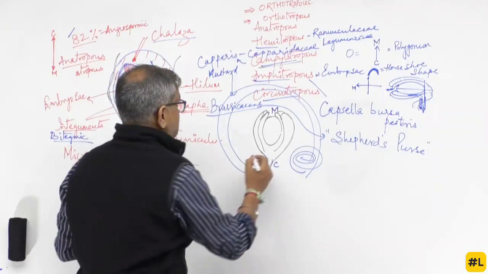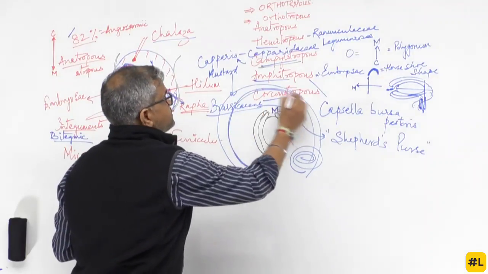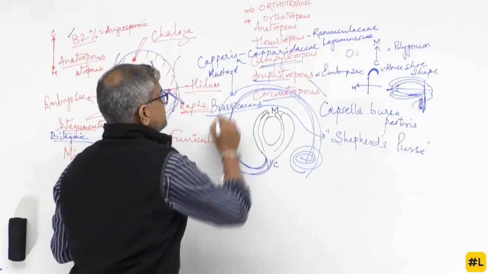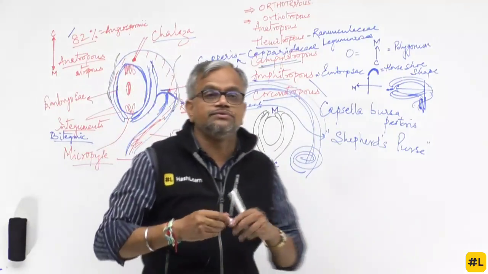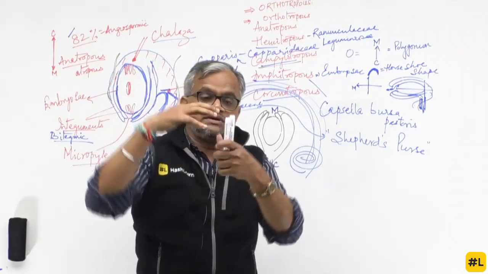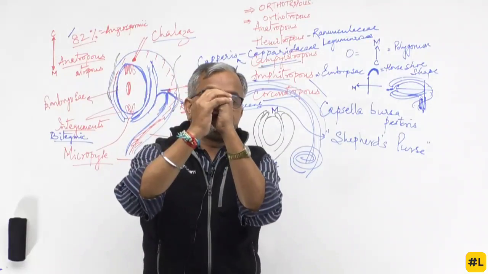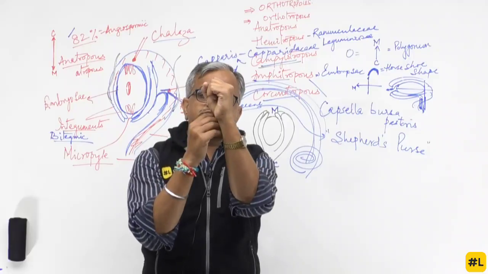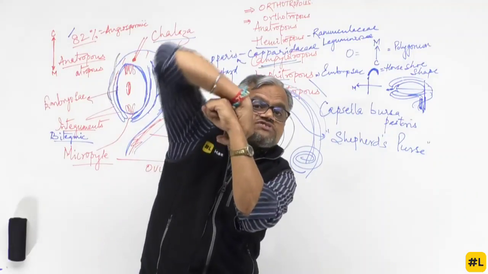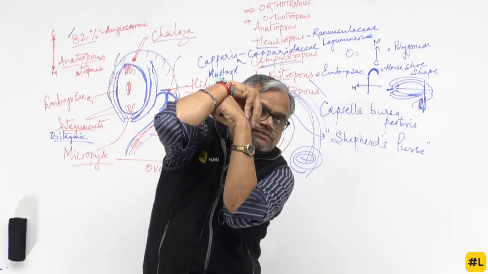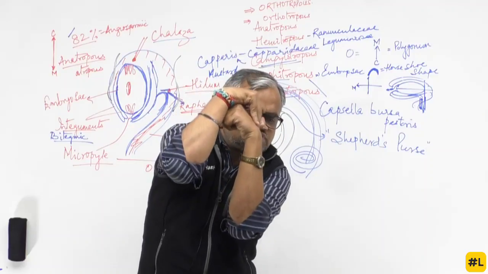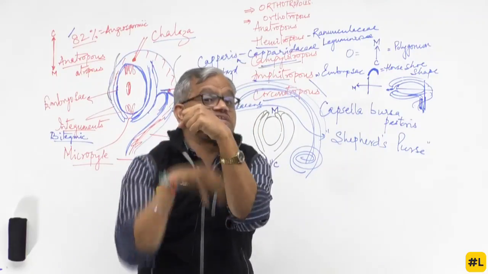Funiculus makes a complete 360 degrees. It covers the complete ovule. If I assume this to be my ovule, this is the funiculus, this funiculus curves completely. When it covers completely, this is called circinotropous.